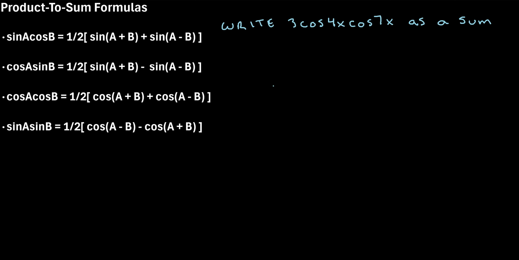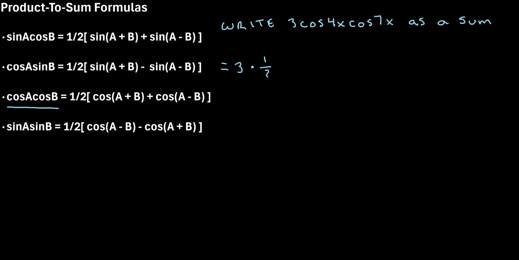All right, let's try one more example. Let's say we want to write 3 times the cosine of 4x times cosine of 7x as a sum. So we have 2 cosines, so it looks like we'll be using this product to sum formula right here. So let's fill in what we know. So this one is a little bit different than the previous 2 examples because we have a 3 out front here. So what we can say is 3 times this entire formula.